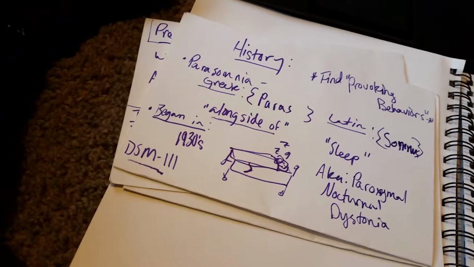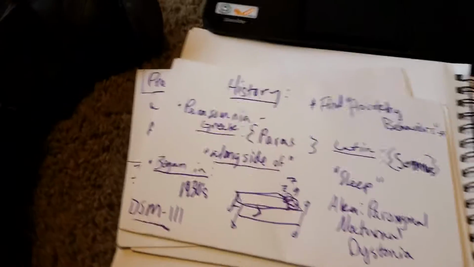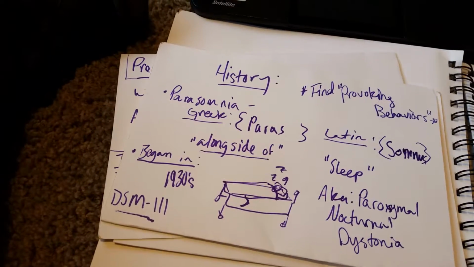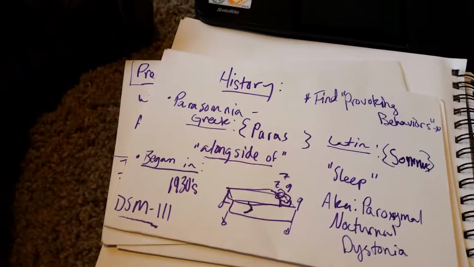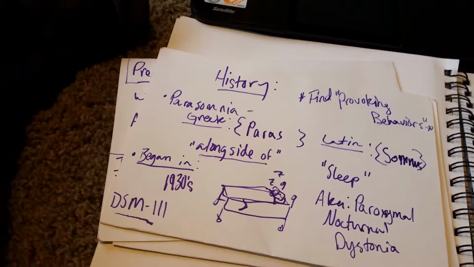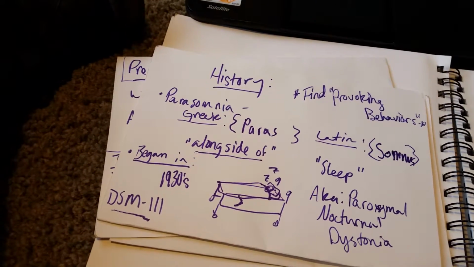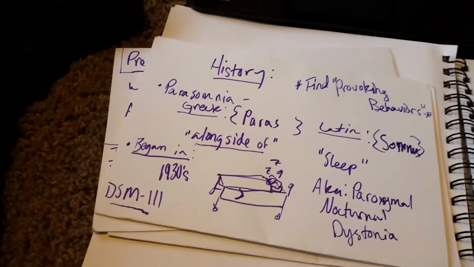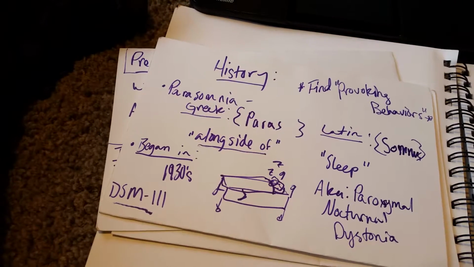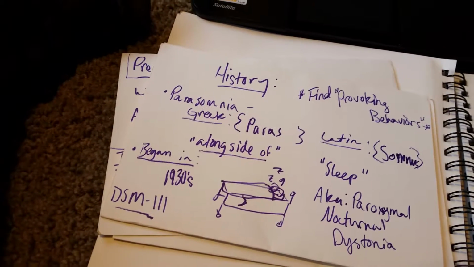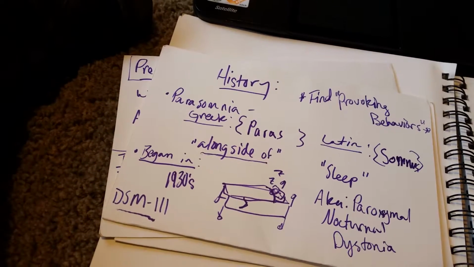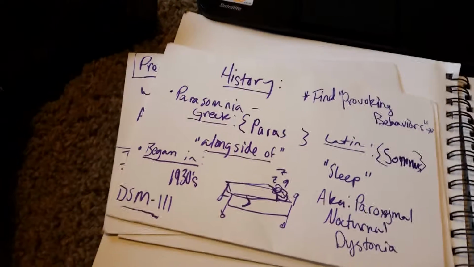Non-REM sleep includes confusional arousals, sleepwalking, sleep terrors, and bruxism. And REM sleep contains REM sleep behavior disorder, recurrent isolated sleep paralysis, and nightmare disorder. A few other parasomnias are sleep-related hallucinations, sleep enuresis, which is bedwetting, and hypnic jerks.